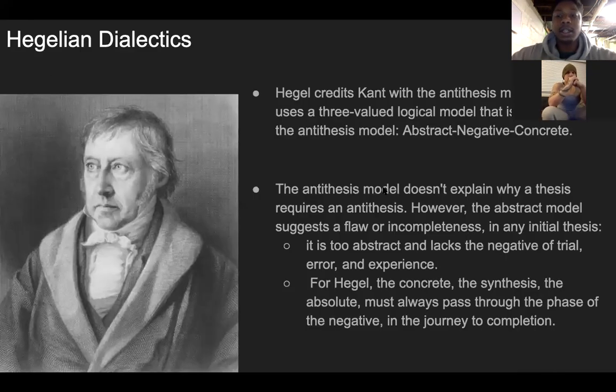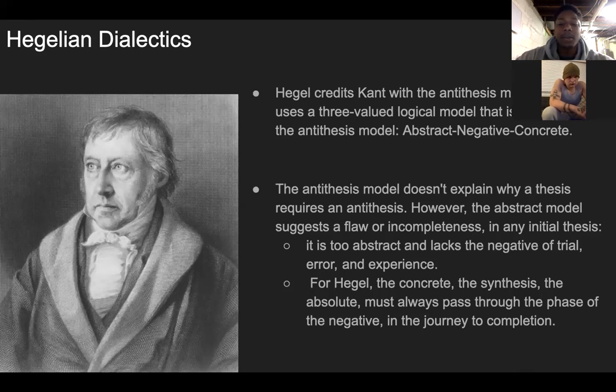Hegel actually never uses the antithesis model. He uses a three-valued logical model that is very similar, the abstract, negative, and concrete. The reason is that the antithesis model doesn't explain why a thesis requires an antithesis.